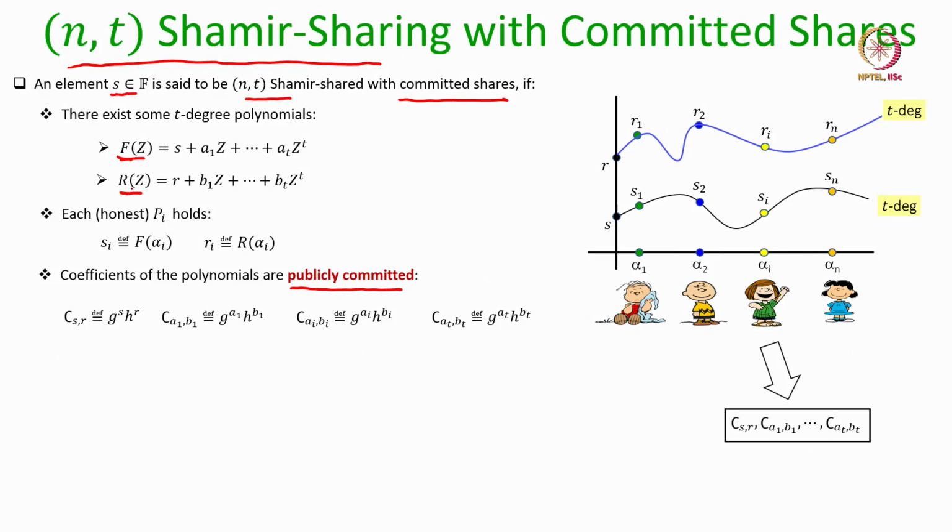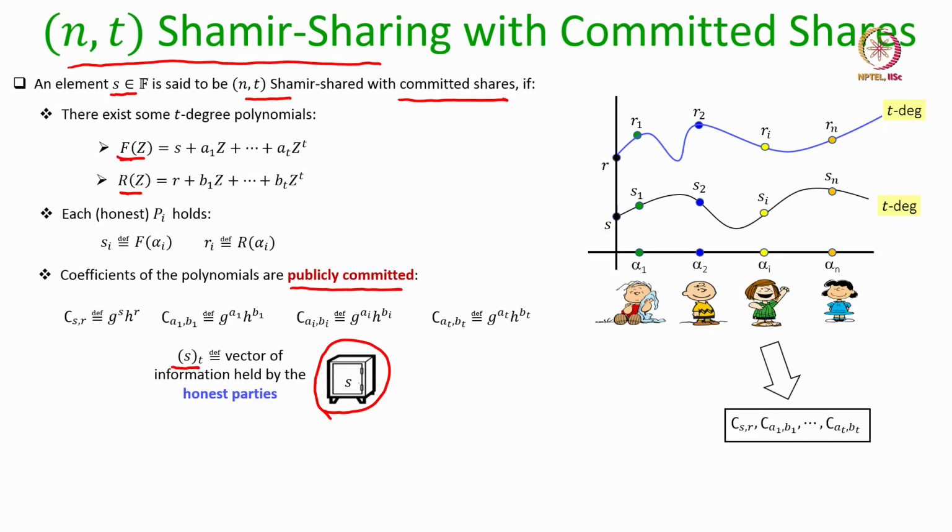If this is ensured, then we say that a value s is Shamir secret shared with committed shares, and for pictorial illustration we will use this box representation to denote that there is a value s which has been secret shared with committed shares. Sometimes we will also use this bracket notation to denote the vector of information held by the honest parties.